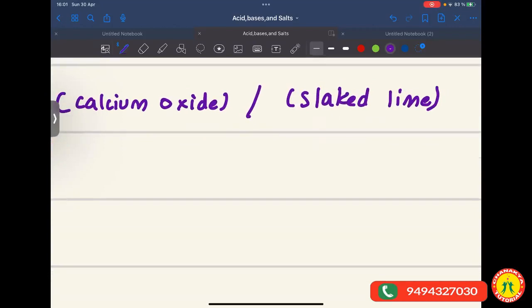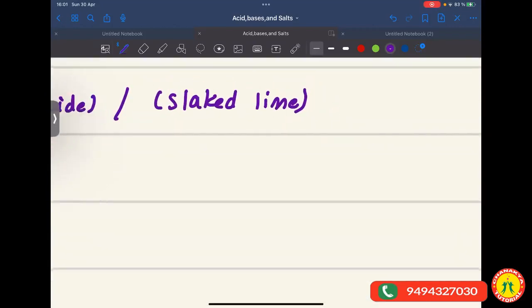Sorry, calcium oxide is a different one. Slaked lime is a different one. The chemical name for slaked lime is calcium hydroxide.